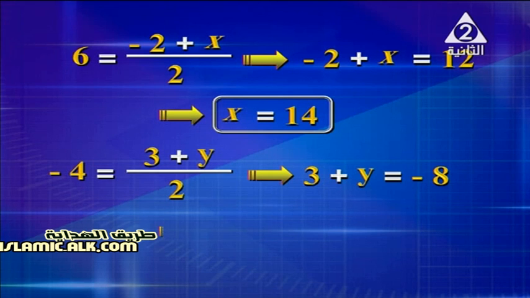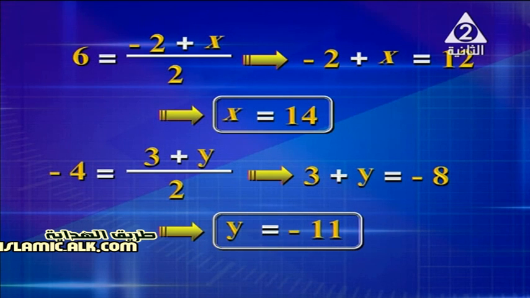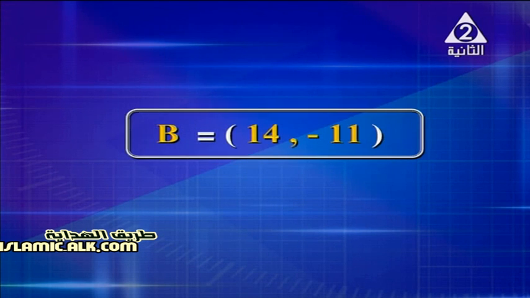Then to find the value of y, it is -8 - 3, which gives -11. Then you have found that the value of x is 14 and the value of y is -11. So now you can find the coordinates of the point B, which will be (14, -11).